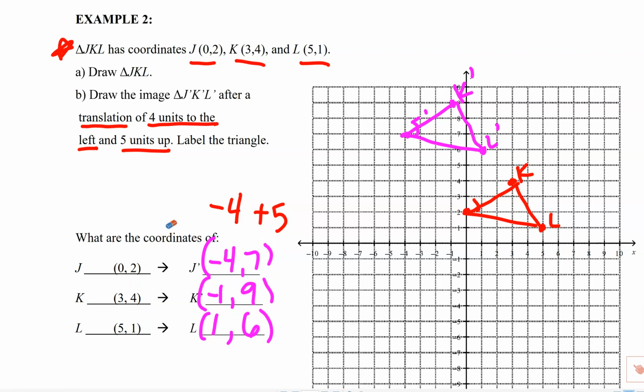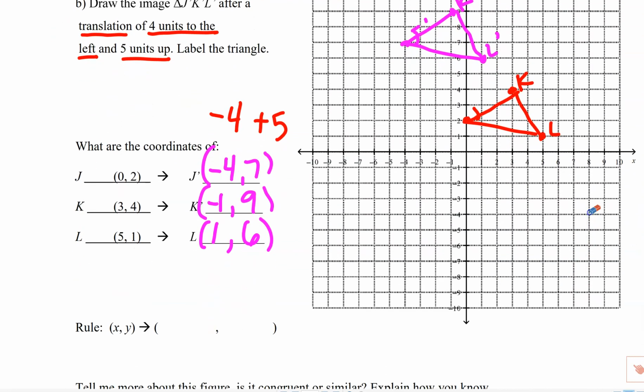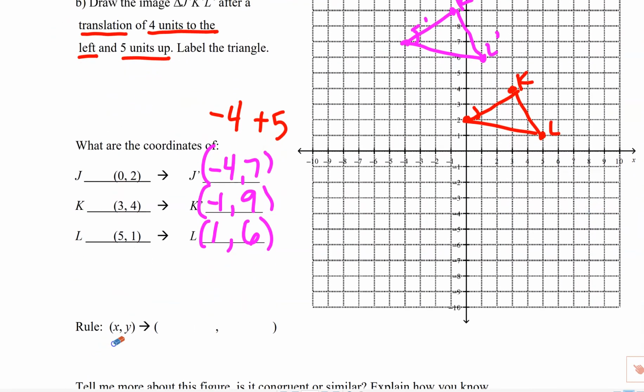All right, so now can you tell me what happened to your points? From your original points to your new points, what happened? Well, to each x, we subtracted 4, and to each y, we added 5.